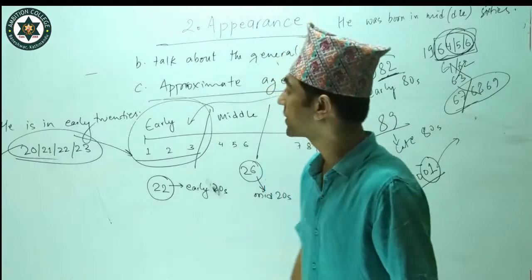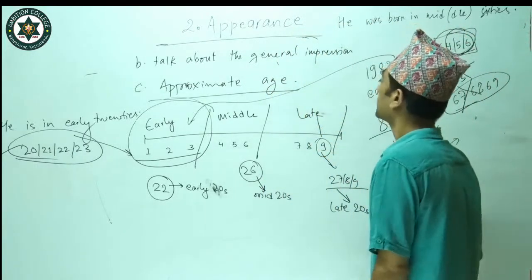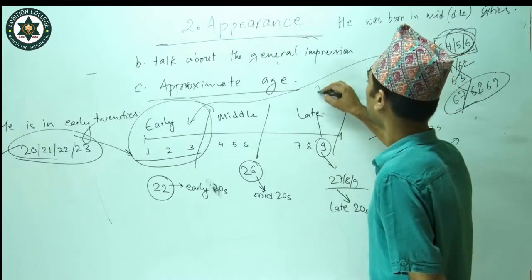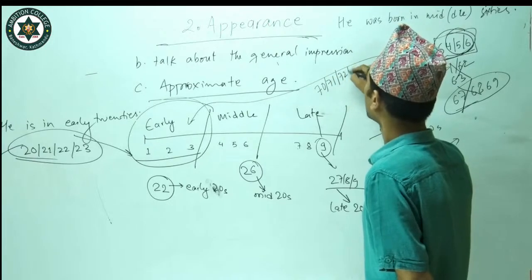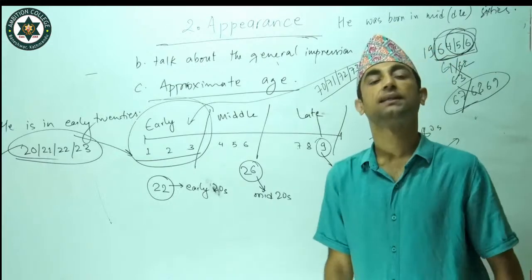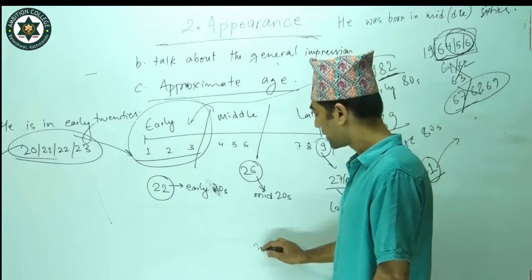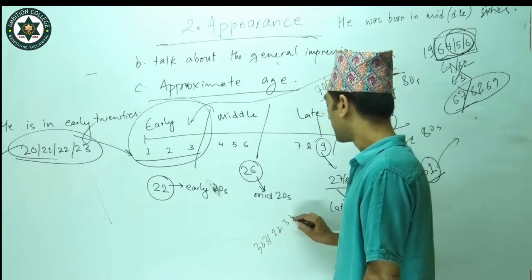So whenever some people say the man is in his early 70s, what do you mean? He must be 70, 71, 72 or 73. If I say this man is in his early 30s, that means he must be 30, 31, 32 or 33.